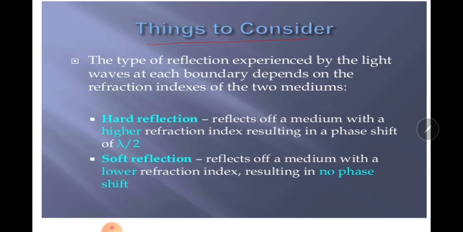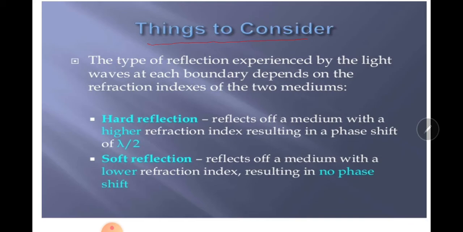If a light ray is traveling in a rarer medium and hits the surface of a denser medium, a phase change of 180 degrees will take place. When a ray travels from a medium of lower refractive index to a medium of higher refractive index, it undergoes a phase change of 180 degrees after reflection.